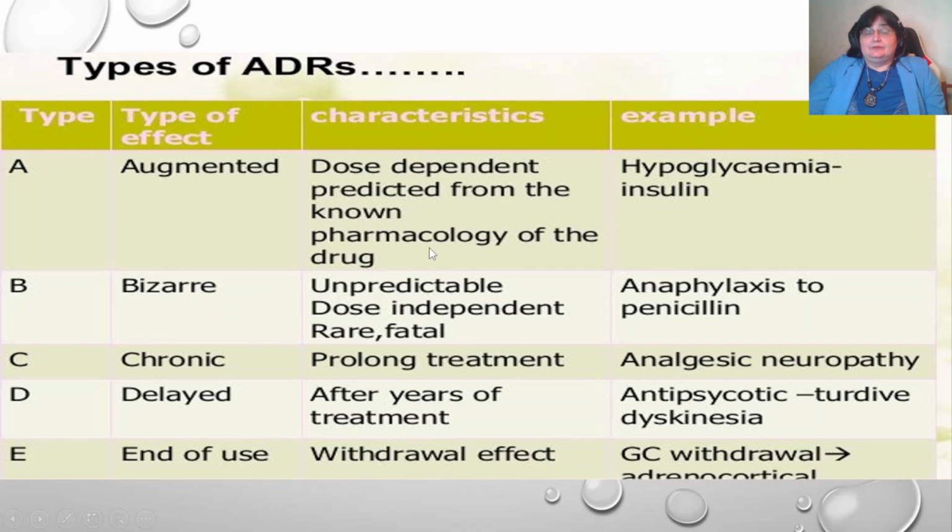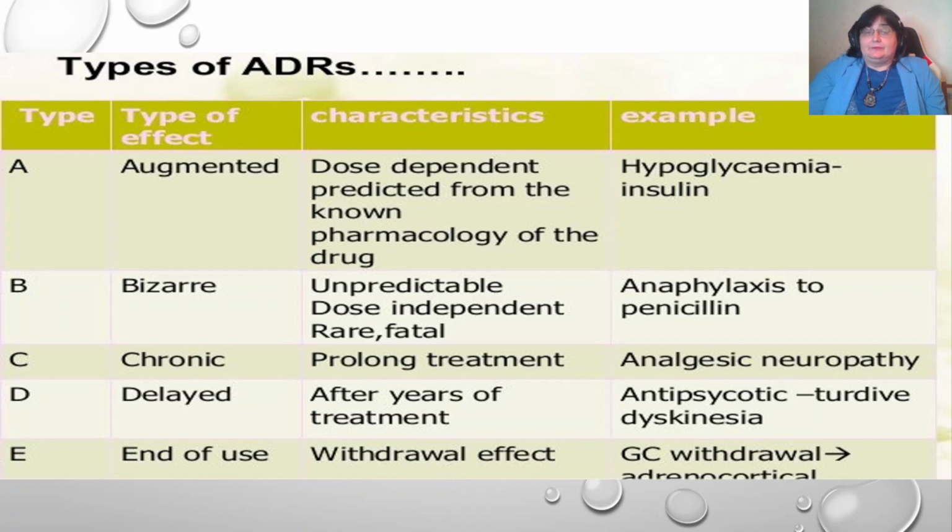We will continue this topic with the types of adverse reactions. Type A, augmented: dose-dependent, predicted from the known pharmacology of the drug, for example hypoglycemia with insulin. B, bizarre: unpredictable, dose-independent, rare, fatal, for example anaphylaxis with penicillin.